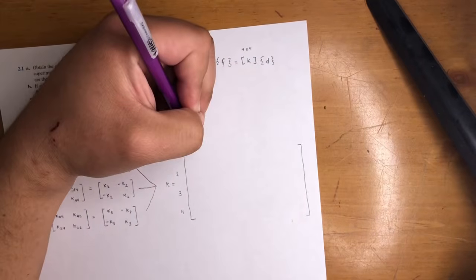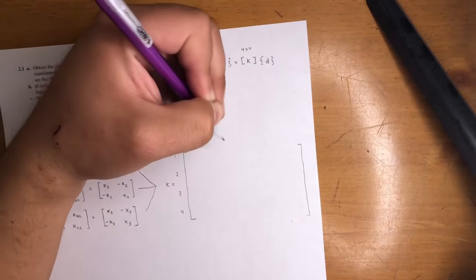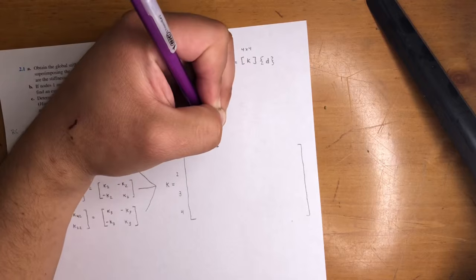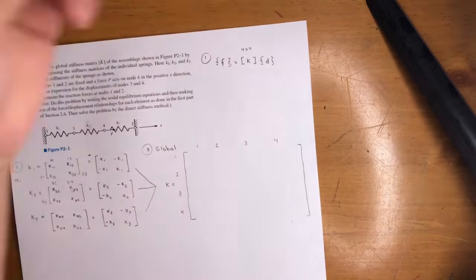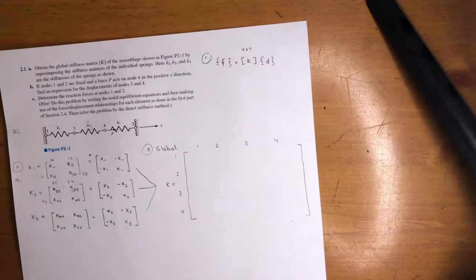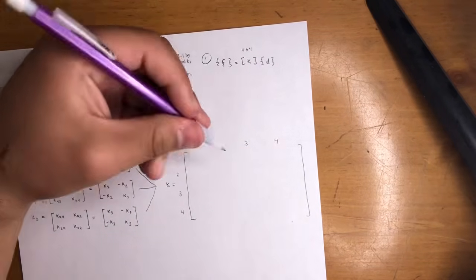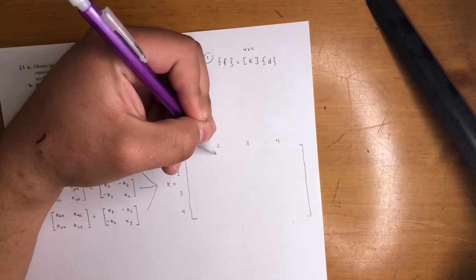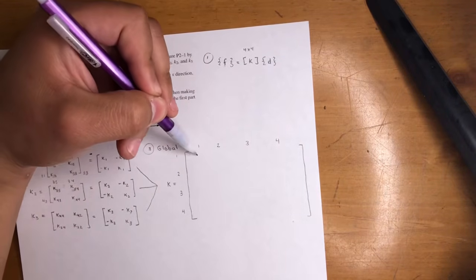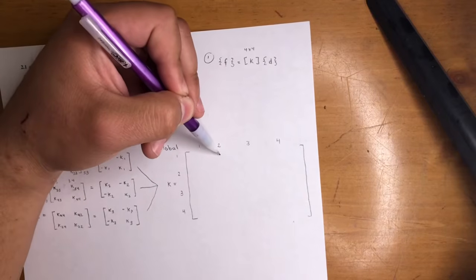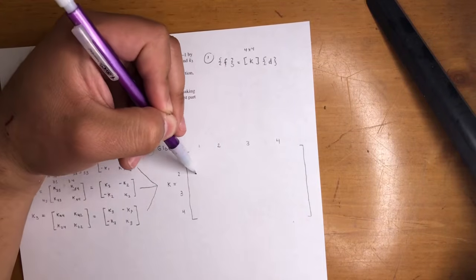And that right here, let's go ahead and do 1, let's go ahead and do 2, 3, and 4. All right, cool. So this is position K11. This one right here is K11. This one right here is K12. This one is K21.